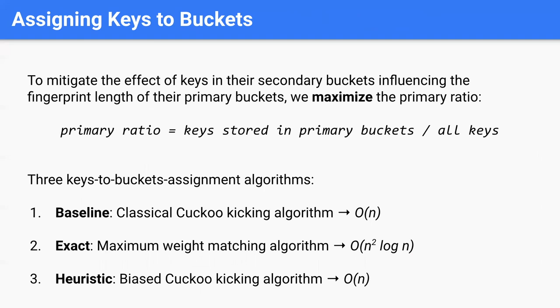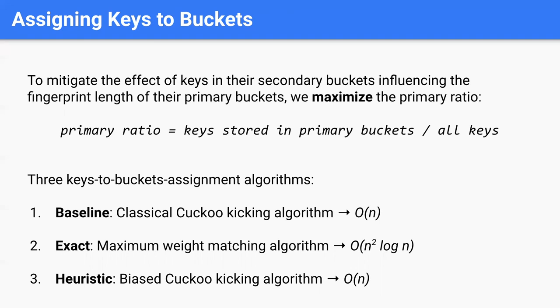To mitigate that effect, we want to maximize the number of keys stored in primary buckets, as those don't affect other buckets. To maximize the primary ratio, we considered three alternatives. As a baseline, we used the classical Cuckoo kicking algorithm. We also implemented a variant based on maximum weight matching on the Cuckoo graph, which finds the optimal solution.